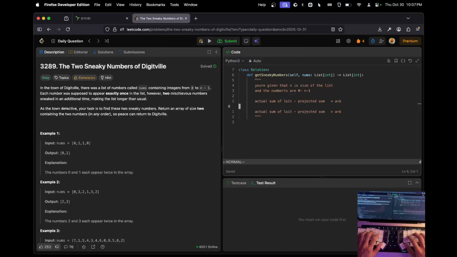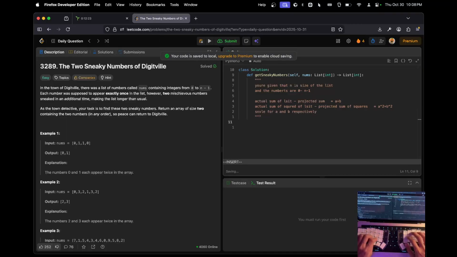This equation is also true for the squares of the list, and then this will be a squared plus b squared. And then you could just solve for a and solve for b respectively.